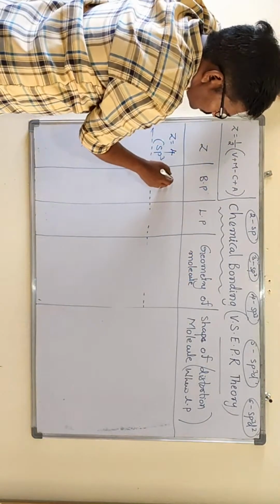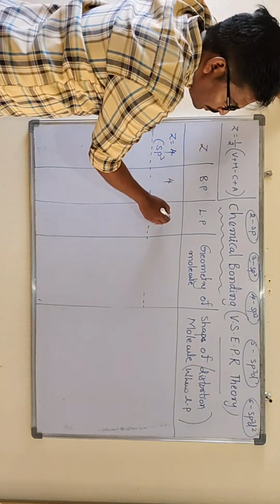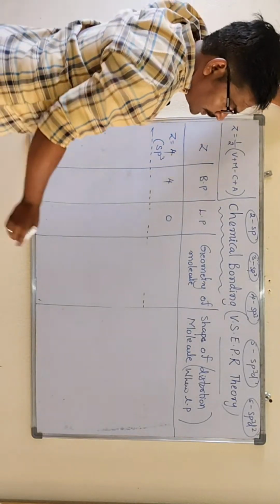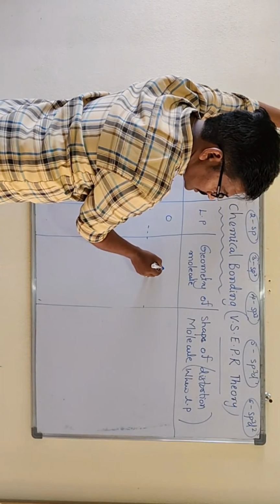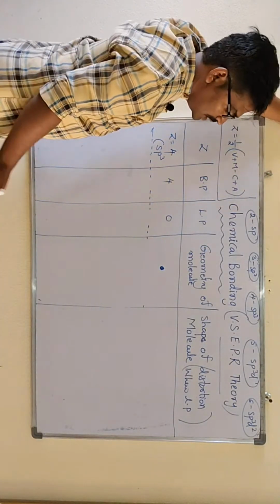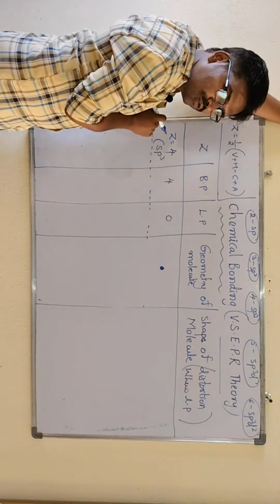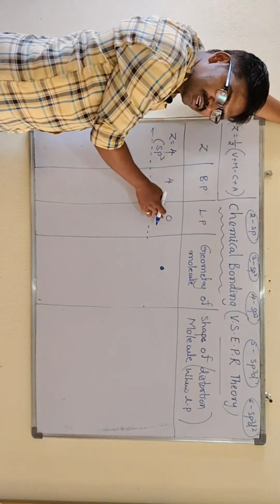So bond pairs 4 are there, and lone pairs are 0. Then for the geometry of the molecule, look at the central atom. It is surrounded by how many bond pairs? 4 bond pairs. Lone pairs, is there anything? Nothing.